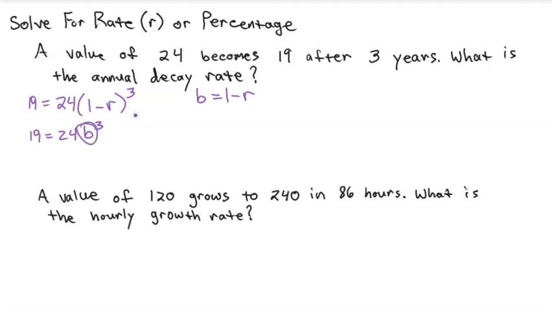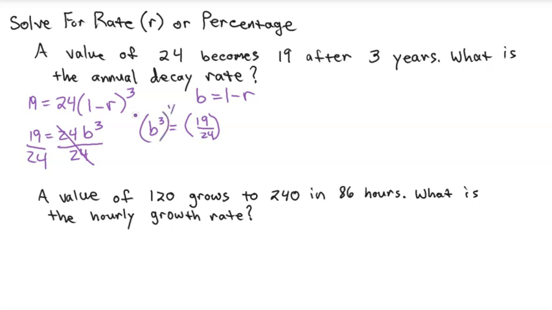And now all we have to do is solve for b, which is actually pretty easy if you have a calculator. Divide by 24 on both sides, okay? And the 24 is going to cancel over here. And so we have b to the third power is equal to 19 over 24, okay? We'll put that in parentheses. We're going to put the b to the third in the parentheses.